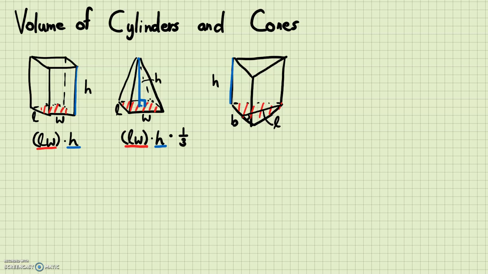And again, the area of the base part is B times L times 1/2. That's the base. And you multiply this times the height to get the volume of the triangular prism.